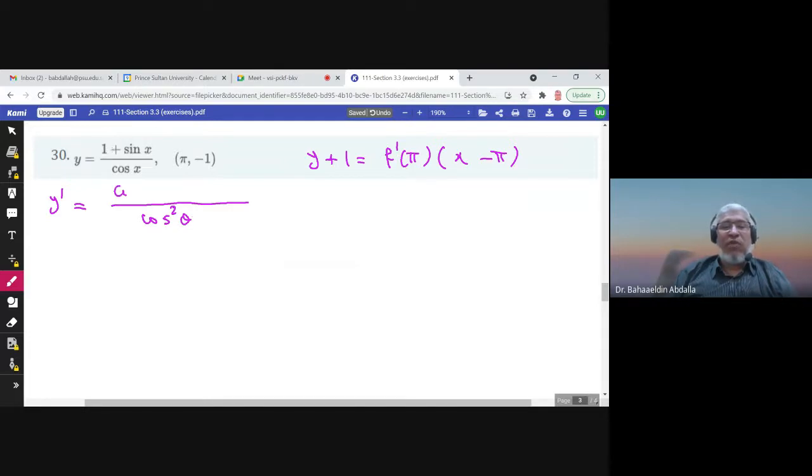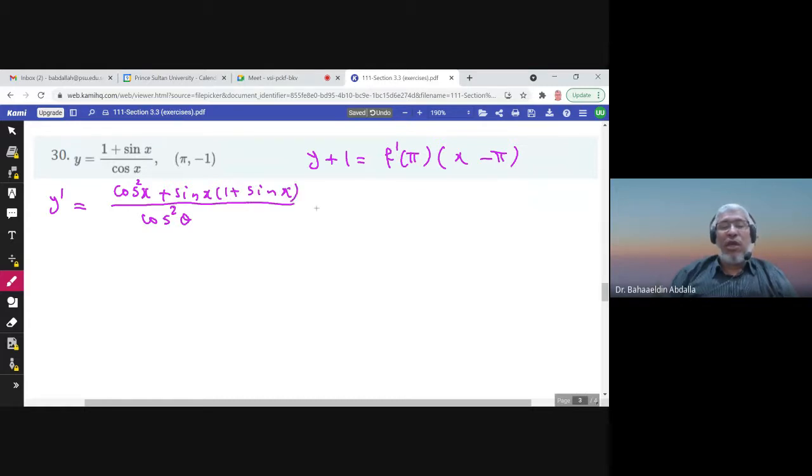The derivative of sine is cosine. So this is the derivative of the numerator times the denominator. So I'll have cosine square x minus the derivative of the denominator. Derivative of cosine is negative sine. So this would be plus sine x times 1 plus sine x, which is the numerator.